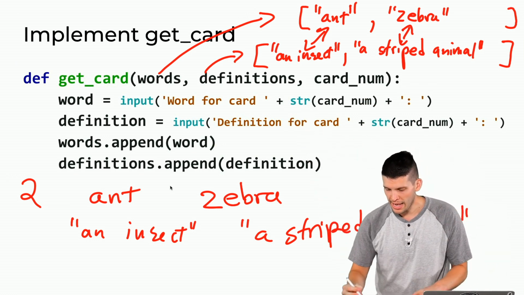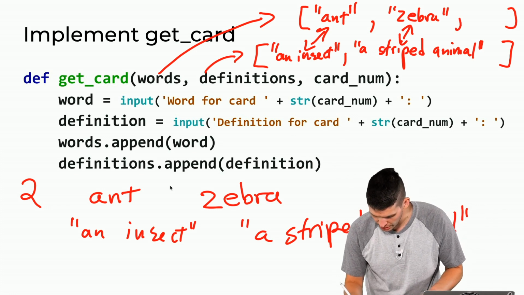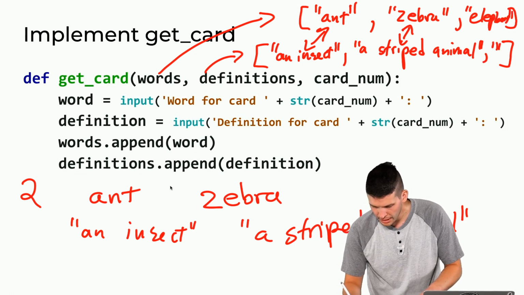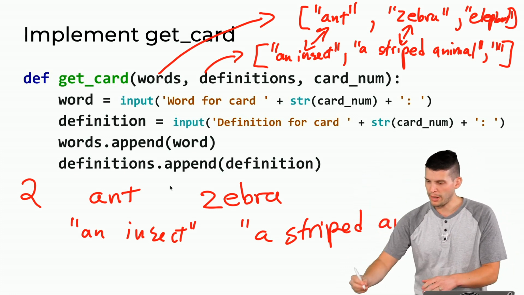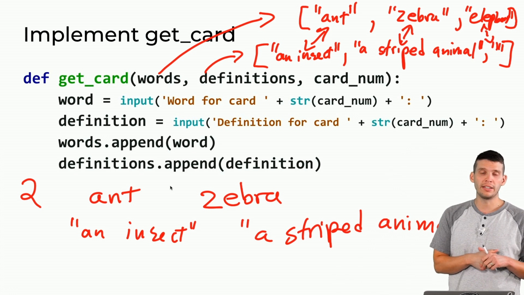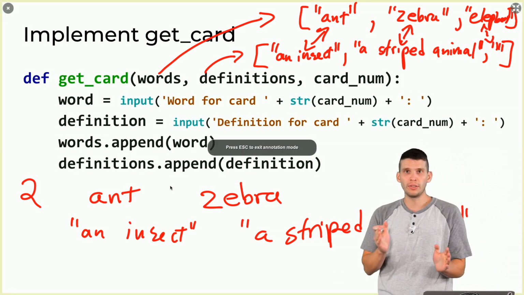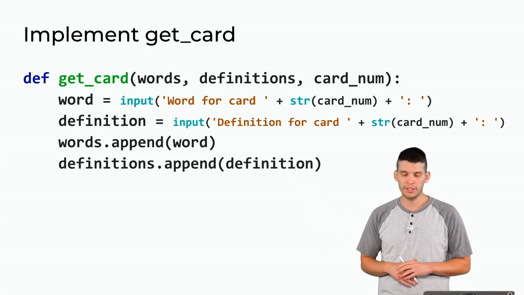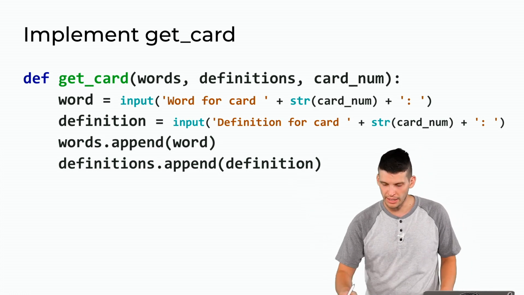And if we were to add a third element, let's say elephant, and some definition for elephant, then if elephant's at index 2, we find the definition for it at index 2. So you can basically do this kind of mapping between these 2 lists, and that's important to maintain as we're adding new words.